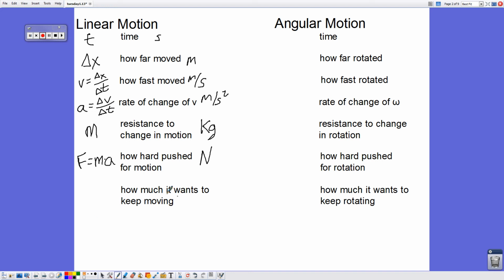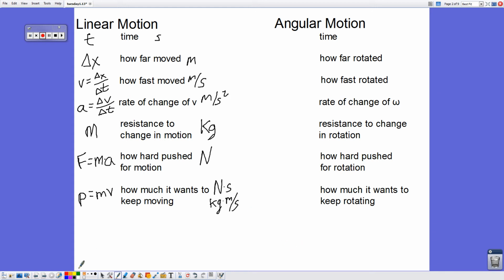And how much it wants to keep moving, again, that sort of sounds like inertia, or momentum. And this is measured in newton seconds, or, if you prefer, kilogram meters per second. Either of those two are equivalent.